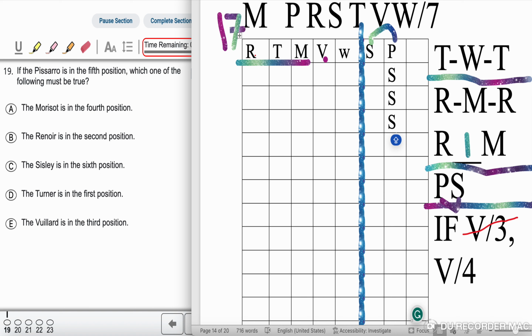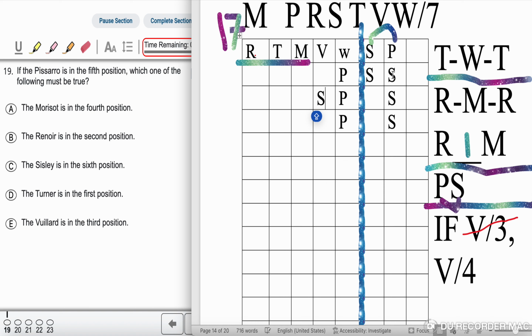If P is in the 5th position, which one of the following must be true? So we're going to put P here. I'm going to try to be quick about it and put S next to it, but I can't put S on all the right sides because that would be one-sided.